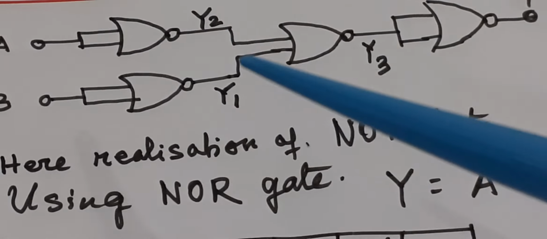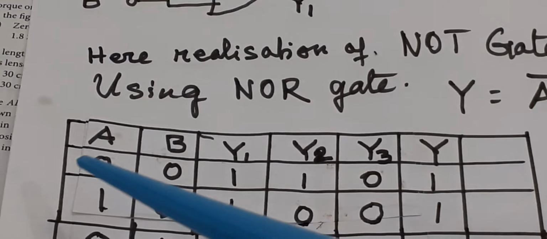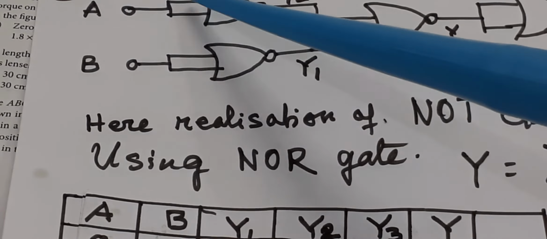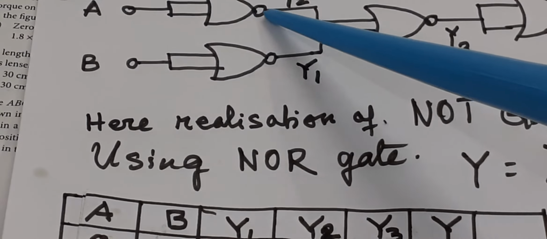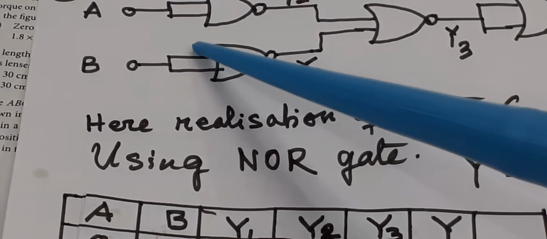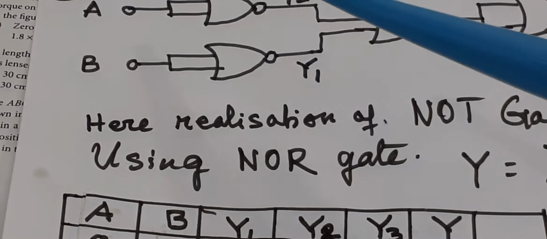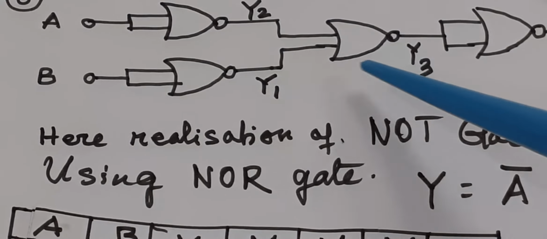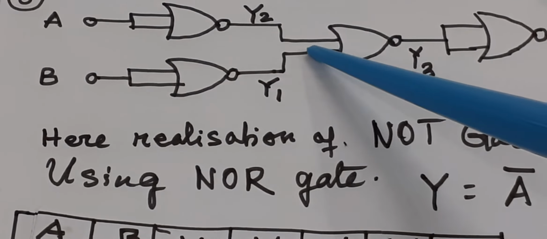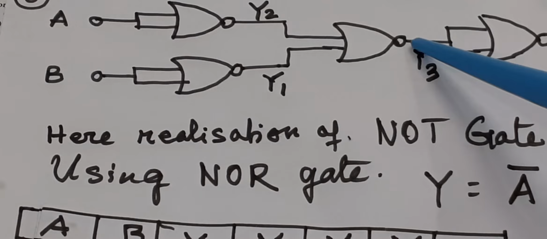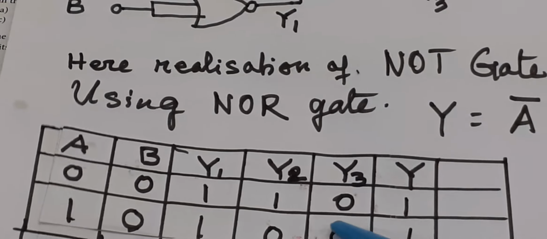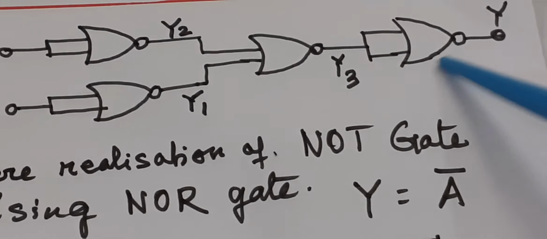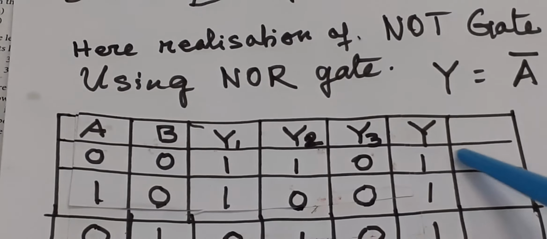Now if A is 0 and B is also 0, both inputs are 0, so the output will be 1. Here also, if 0 is given, the output is 1. So y1 and y2 both will be 1. Then here another NOR gate is given. Both 1 means the output will be 0. So y3 will be 0. Then another NOR gate, both 0, so the output will be 1.